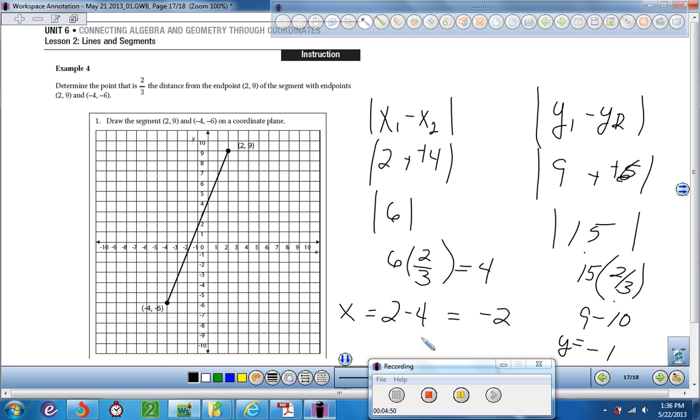So negative 2, negative 1 would be our point that is 2/3 from there. Let's see where that point would be. Let's go over to negative 2 and down 1, and that would be our point that is 2/3 the way from 2, 9 to -4, -6.